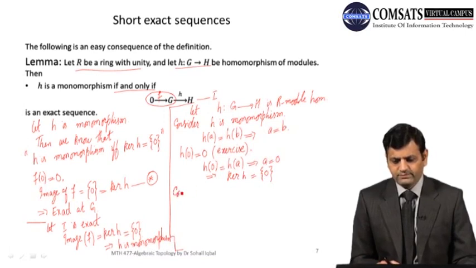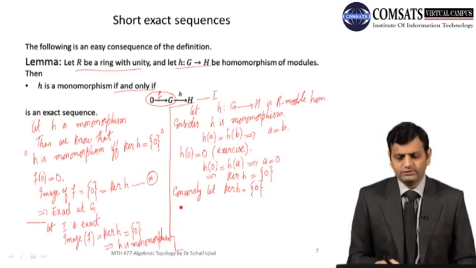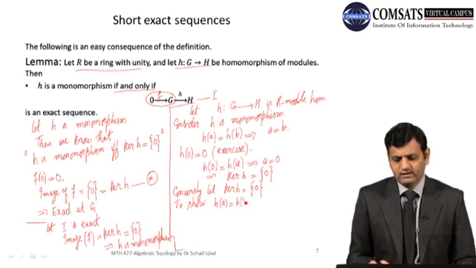Now conversely, let the kernel of h be 0. Now we want to show that h of a equal to h of b implies that a is equal to b. So we start from this expression, h of a is equal to h of b.